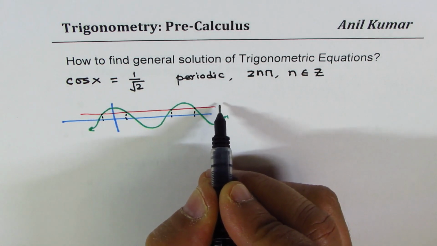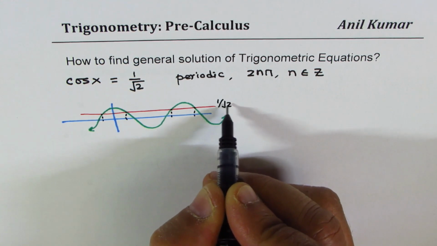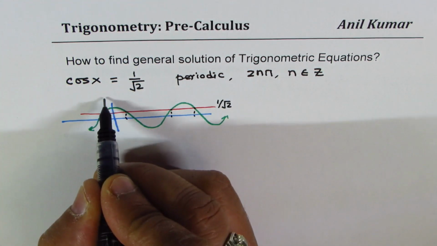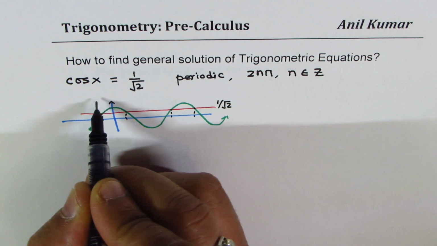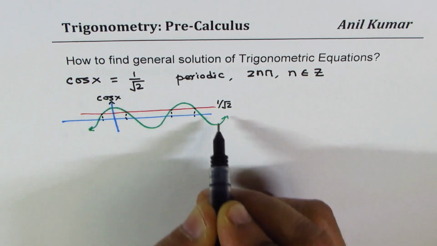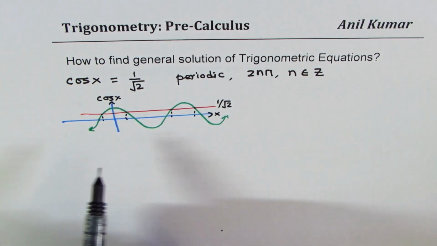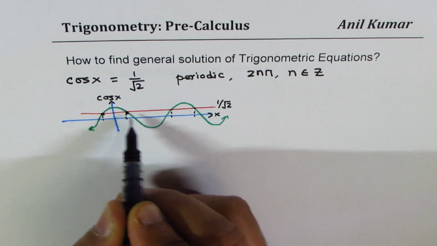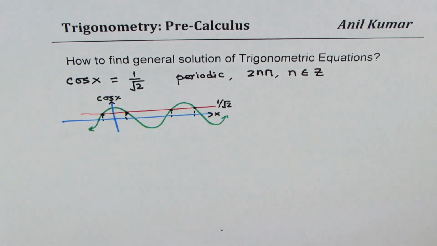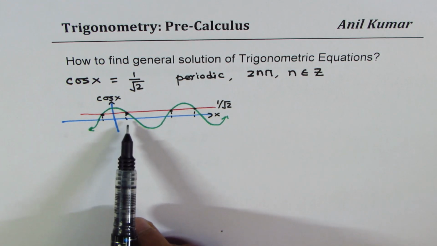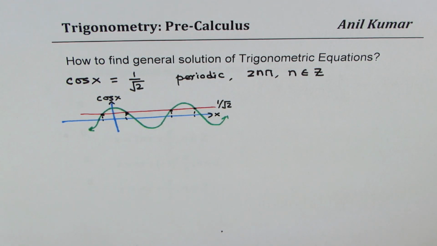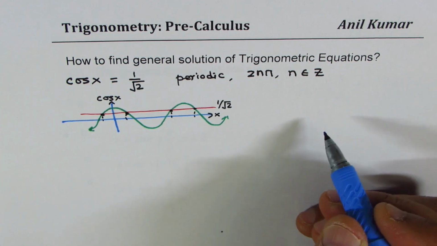Let's say this is 1 over square root 2, right? So this is the cosine function, and this is the x-axis. So all these points are part of our solution, right? So the answer should include all this. How do we do that?